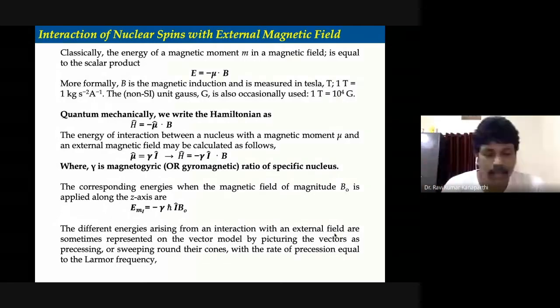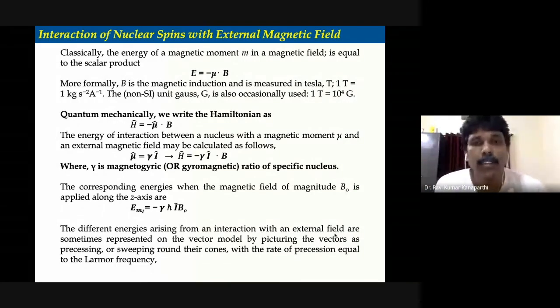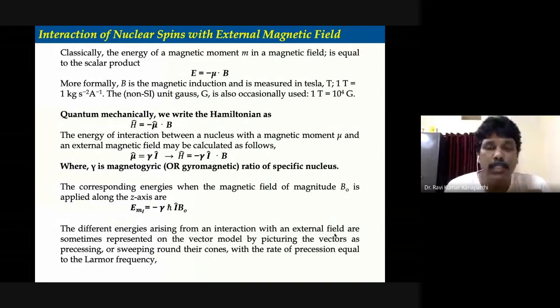Likewise, what we are discussing here is that some atomic nuclei possess nuclear spin, and they behave like tiny bar magnets. And if you place such tiny bar magnets in an external magnetic field, what happens? What is the energy of such a system?